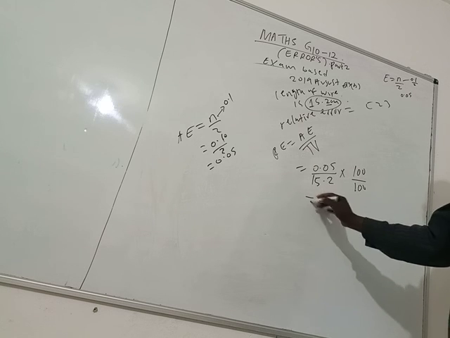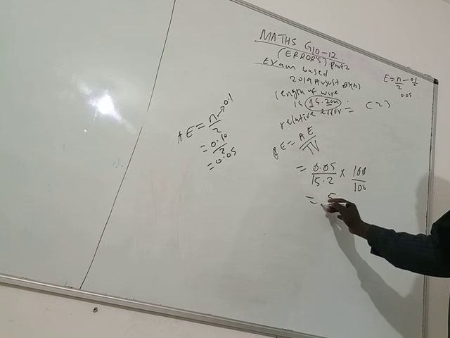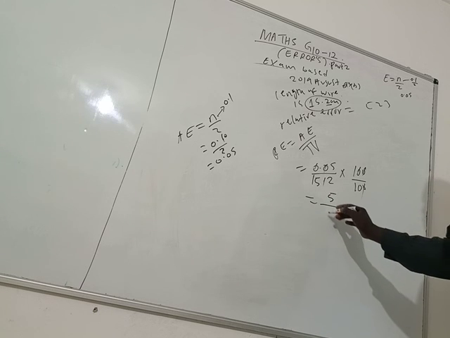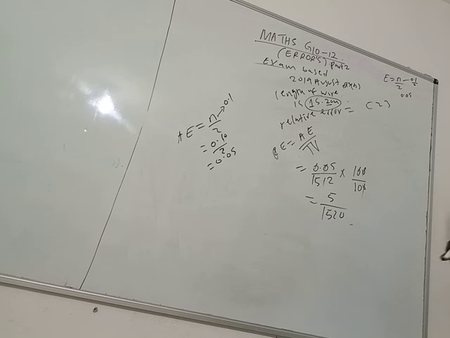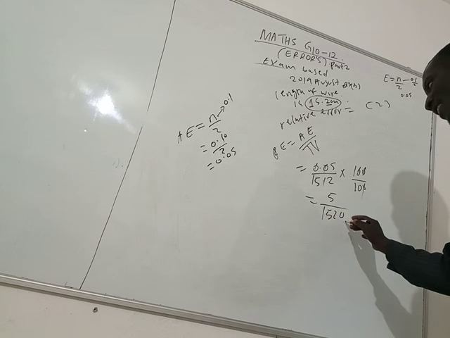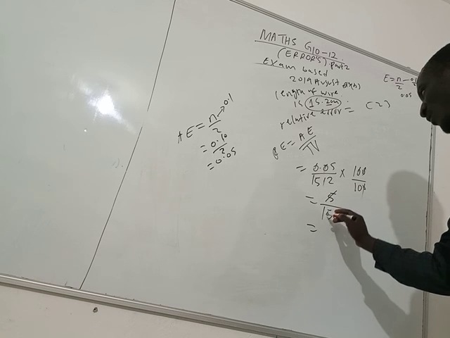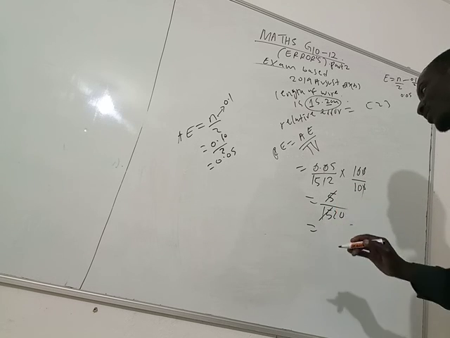All this will give you, just cancel this, that, to give you a 5 over. Just cancel 1 0, it will give you 15 times this, add a 0. So you see we're in 1000.